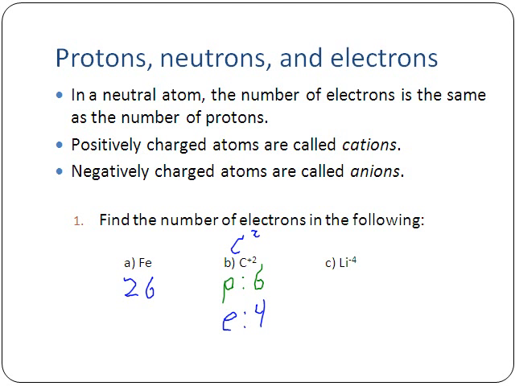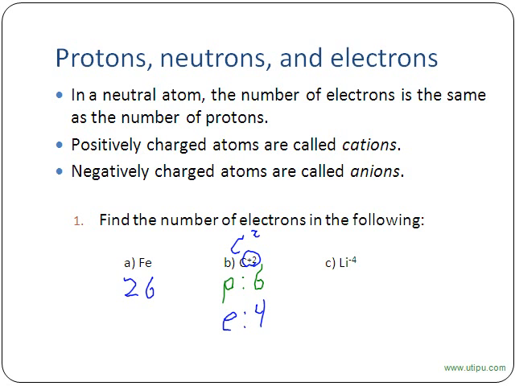Note that there couldn't be 6 electrons and 8 protons. That would still be a +2 charge, but it wouldn't be carbon anymore. That would instead be oxygen, because oxygen is what has 8 protons. So whenever you have a positive number for your charge, that basically means that you're going to have a smaller number of electrons than you do protons.